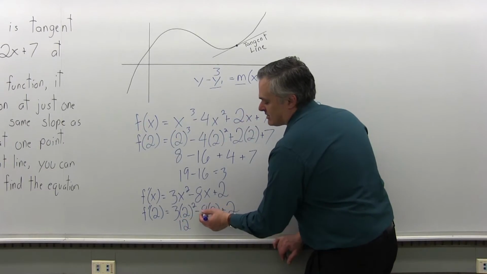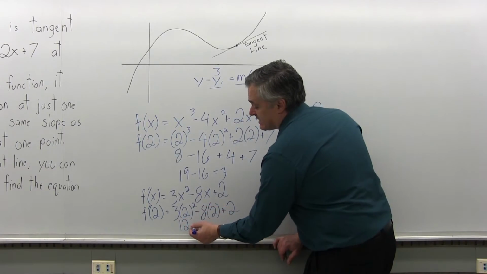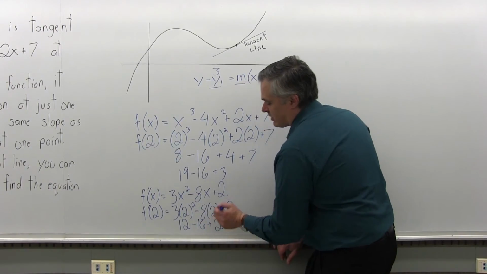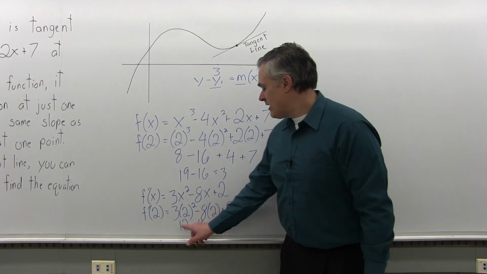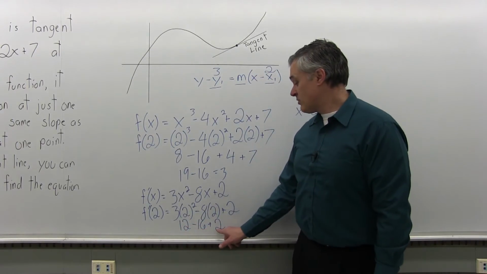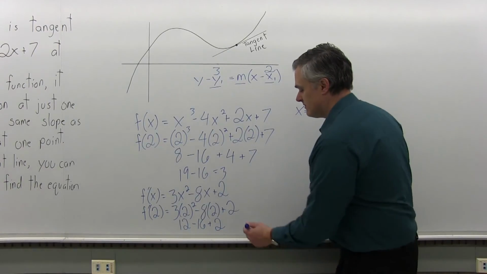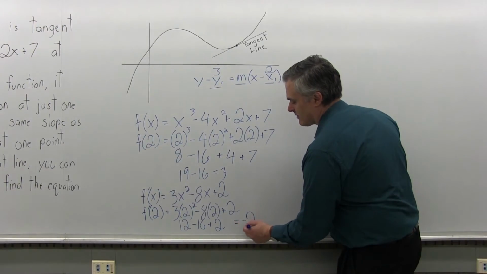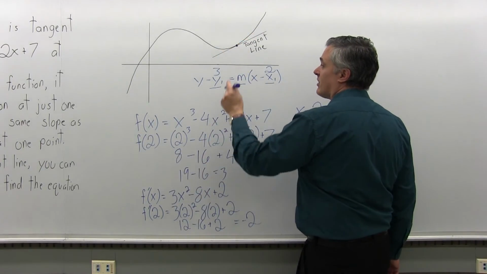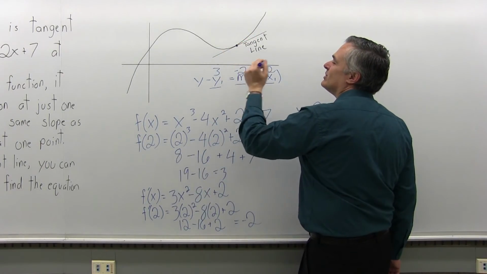Then 8 times the minus 2 in front is negative 16. Then you have plus 2 more. So 12 minus 16 is negative 4. Negative 4 plus 2 more is negative 2. So the slope at this point that I got from my derivative, my f prime, is negative 2.